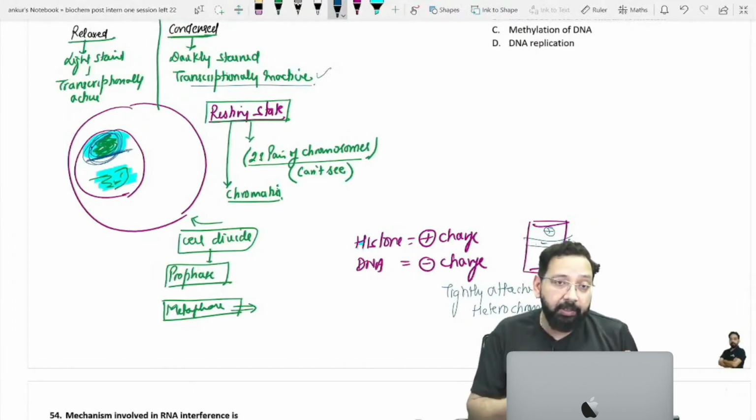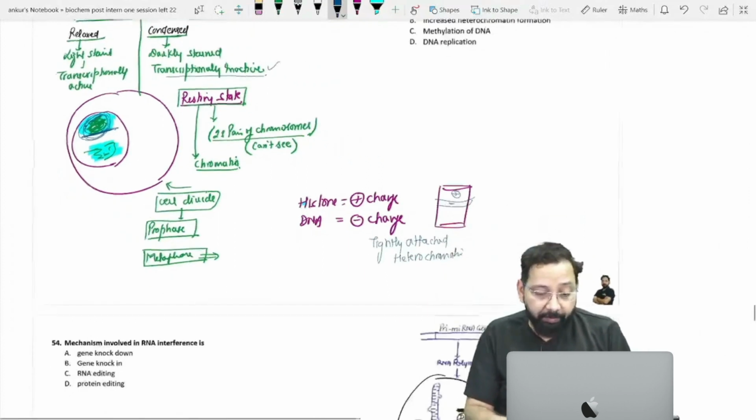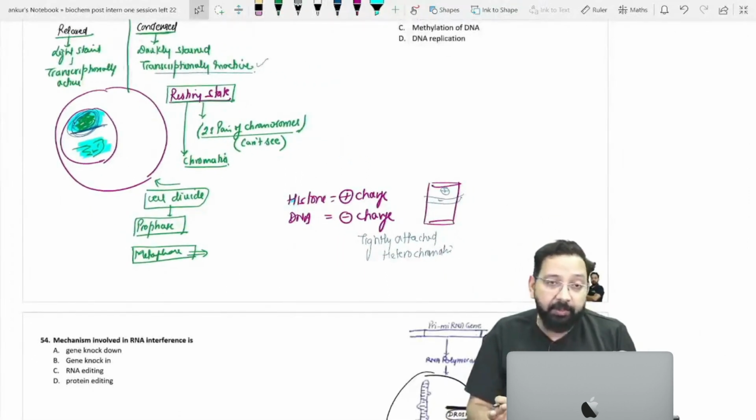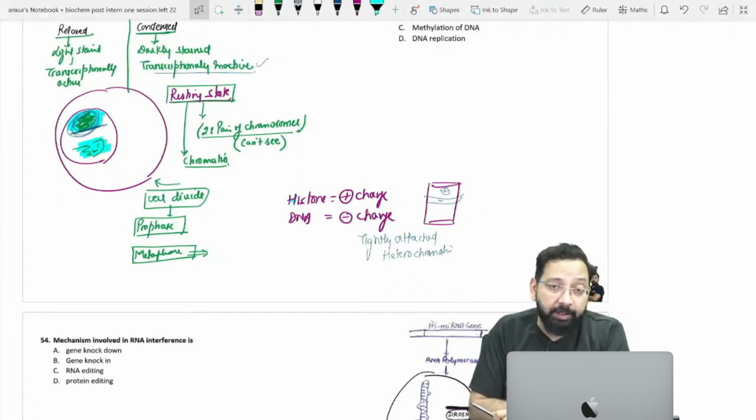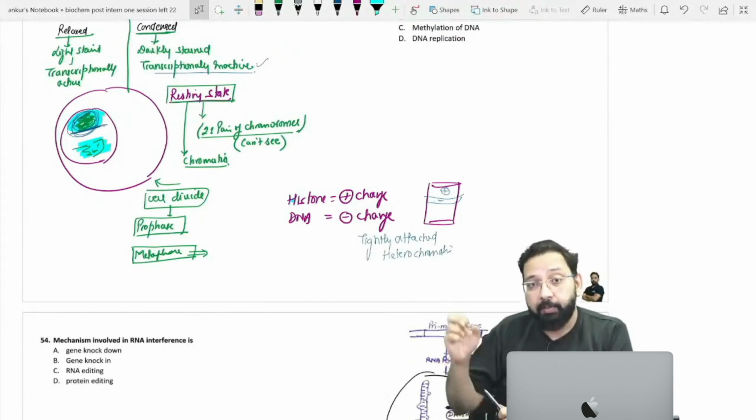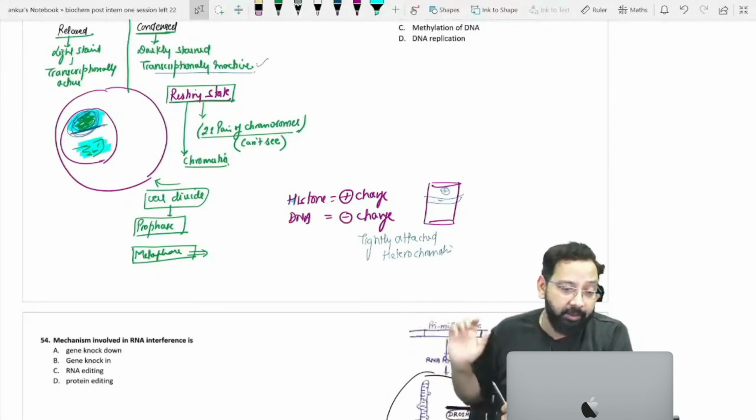Why are we keeping these genes in inhibited state? We know that if an adverse condition comes, we will activate the gene, synthesize messenger RNA, synthesize protein, and the protein will tolerate that adverse condition. Look at the screen.